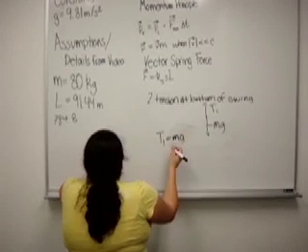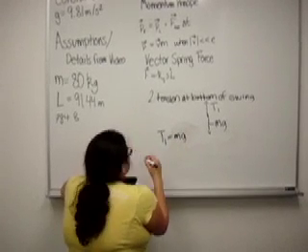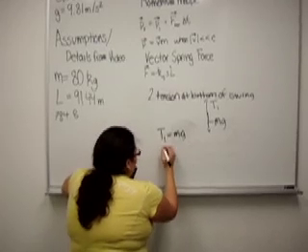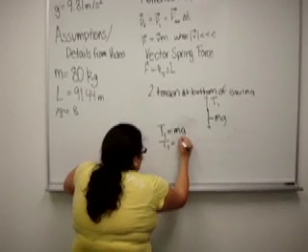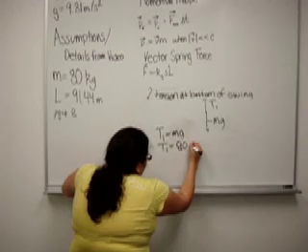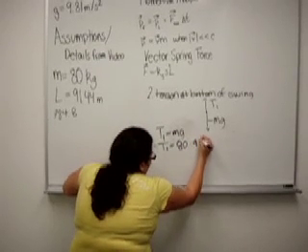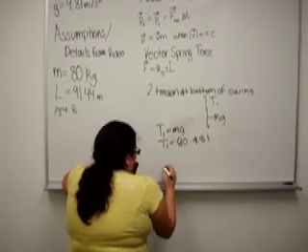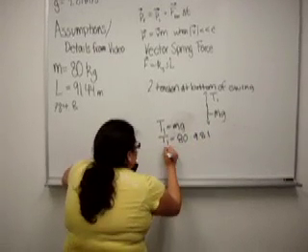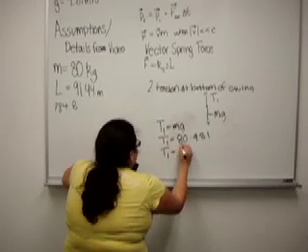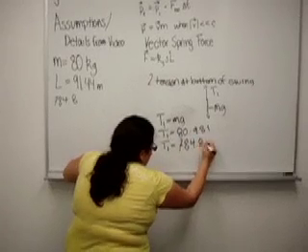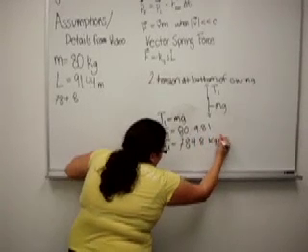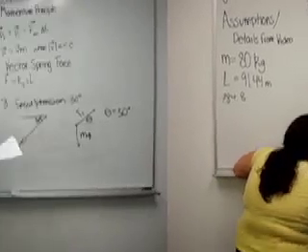We have m equal to 80 kilograms from our constants, and gravity is equal to 9.81. So T1 is equal to 80 times 9.81, and we get tension 1 equal to 784.8 kilograms meter per second squared, which is the same as Newton.